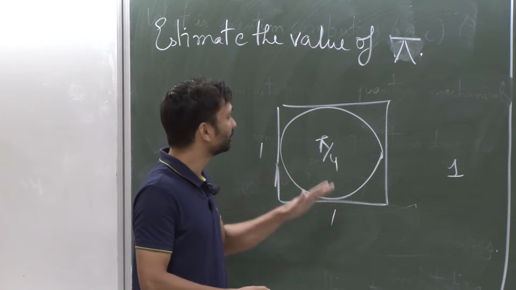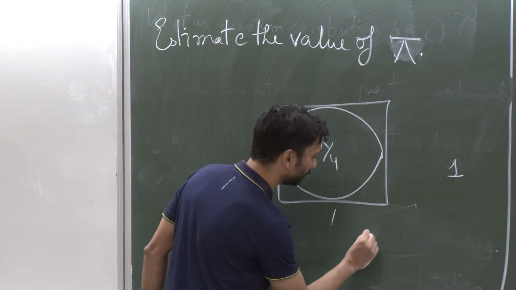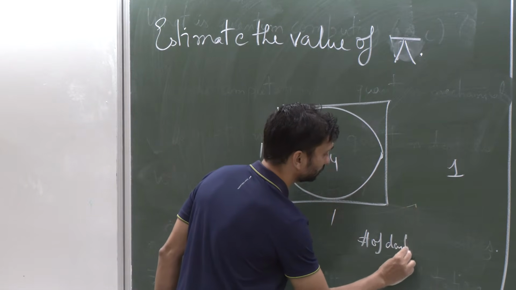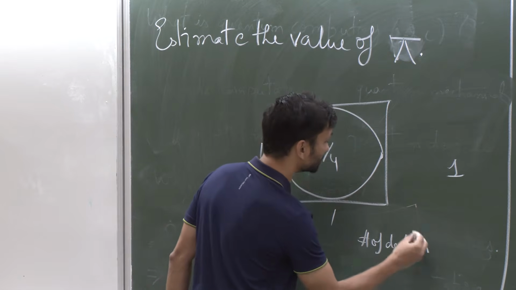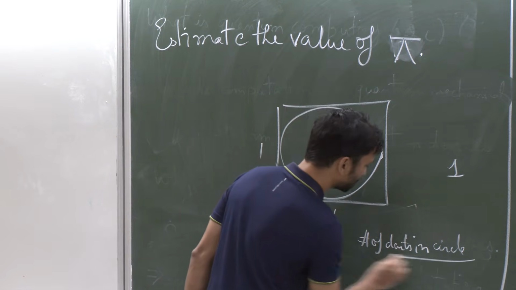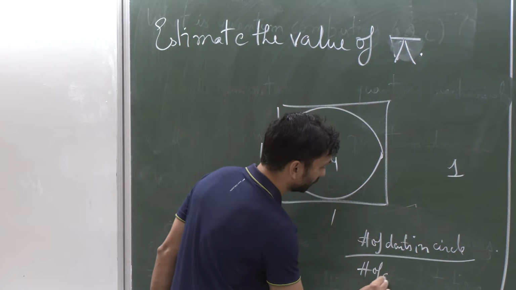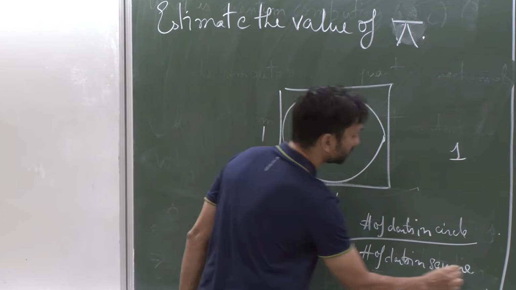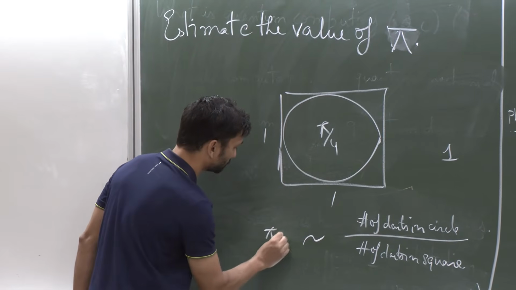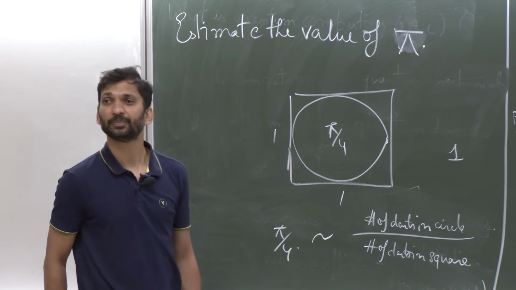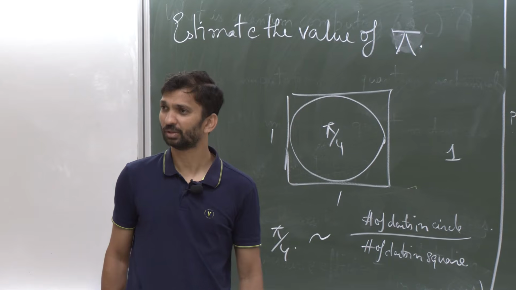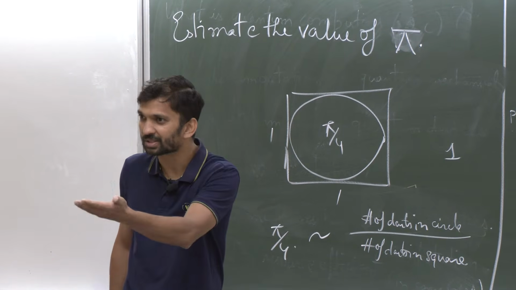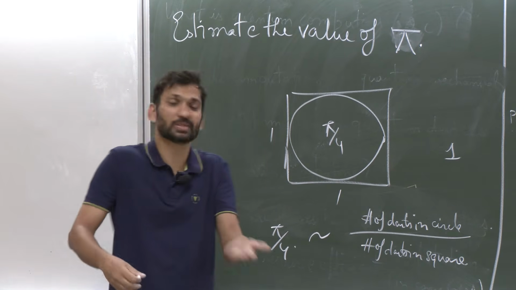That means if I count the number of darts in the circle divided by the number of darts in the square, this should be approximately pi by 4. And again, I gave you a physical process, I did not give you an algorithm, but the algorithm is easy.